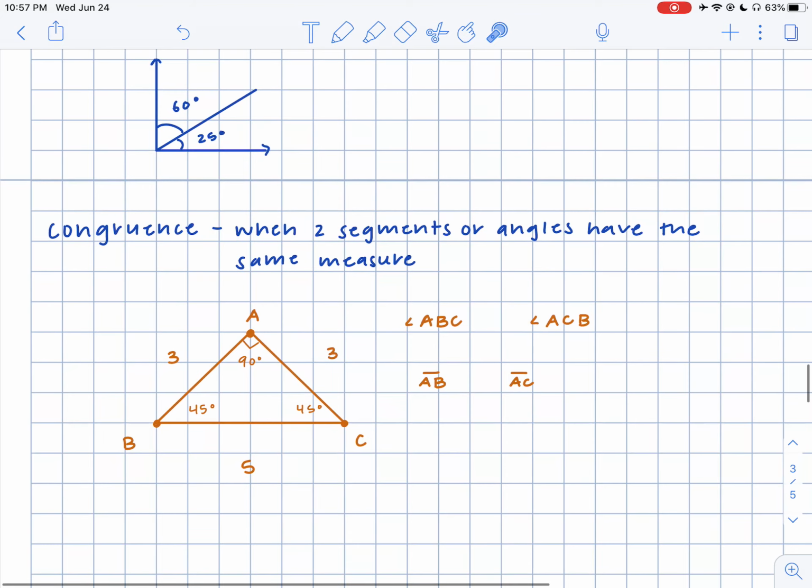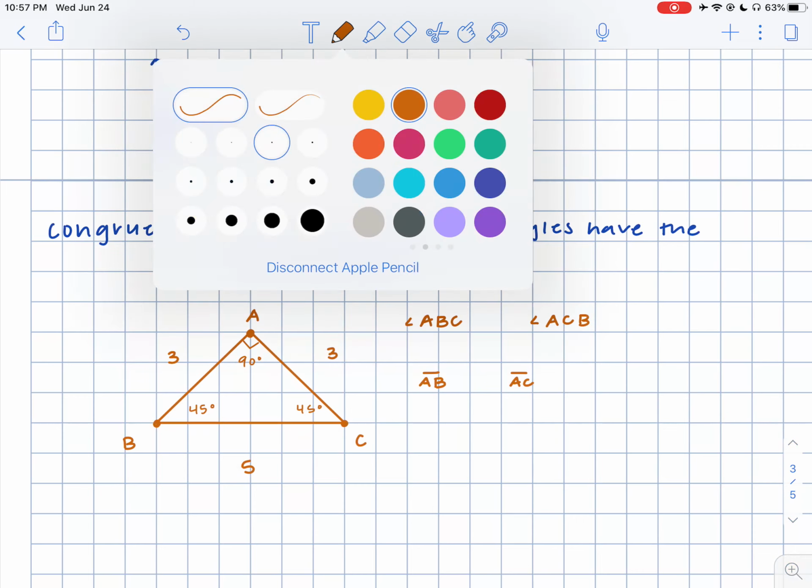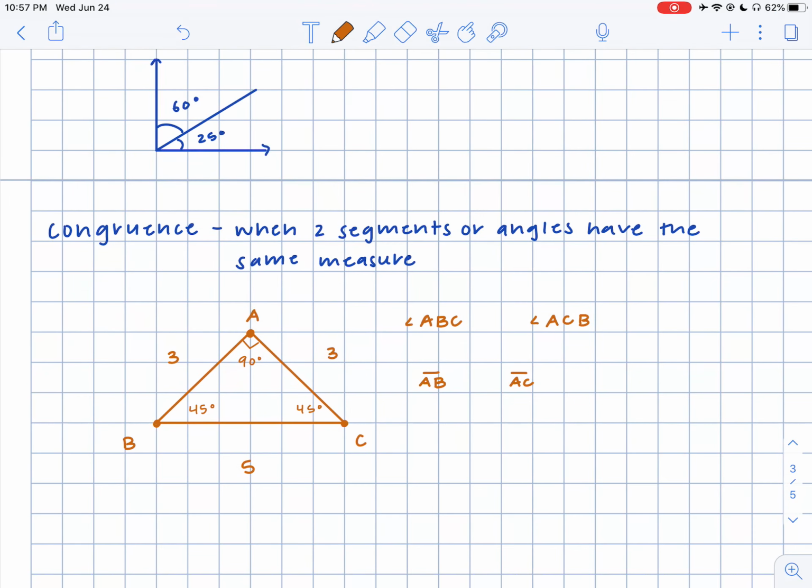Lastly, let's talk about congruency. This is when two segments or angles have the same measure, so they could have the same shape or the same size. And how do we represent congruency? Well, we can use what we call hash marks for segments or arcs. Congruent segments would have the same hash marks.